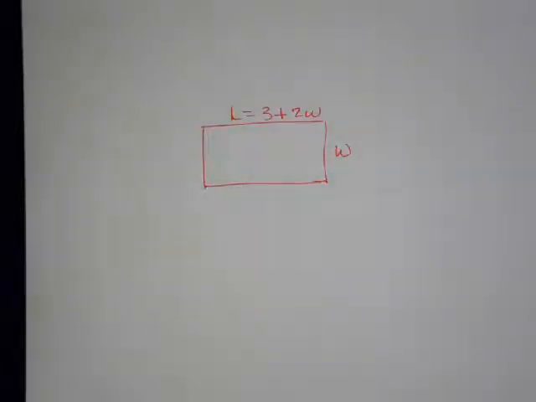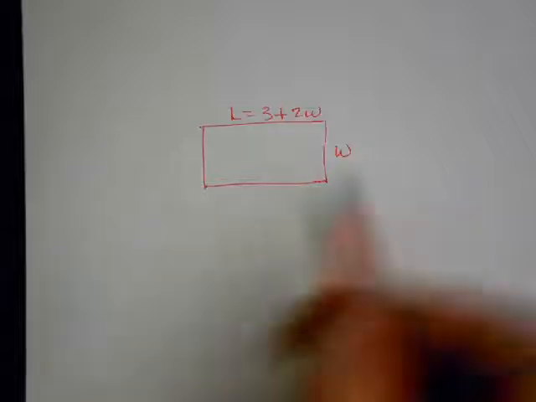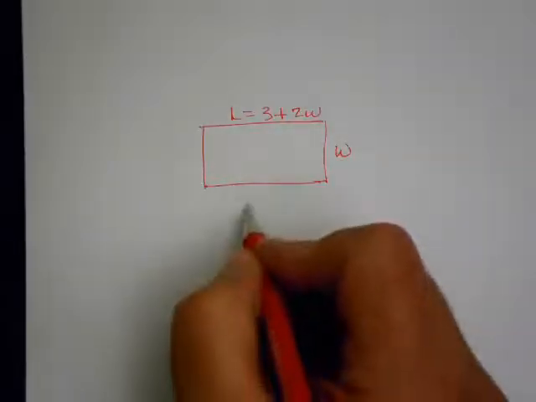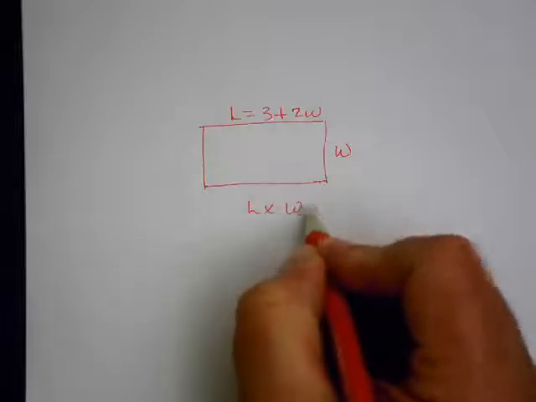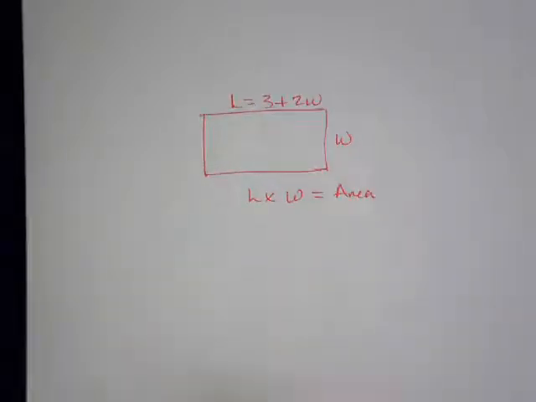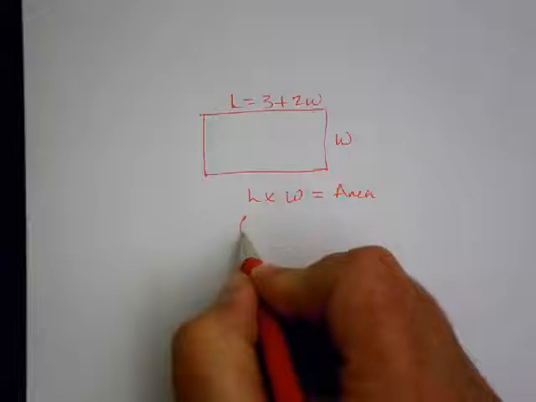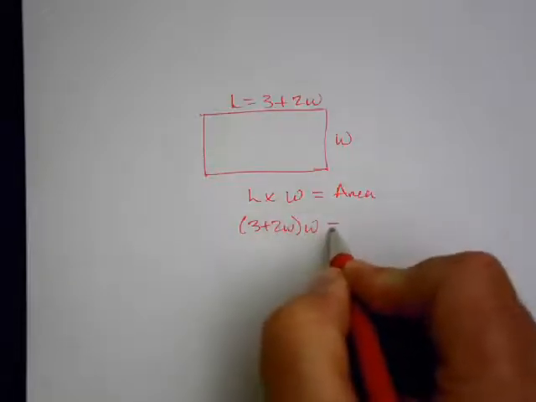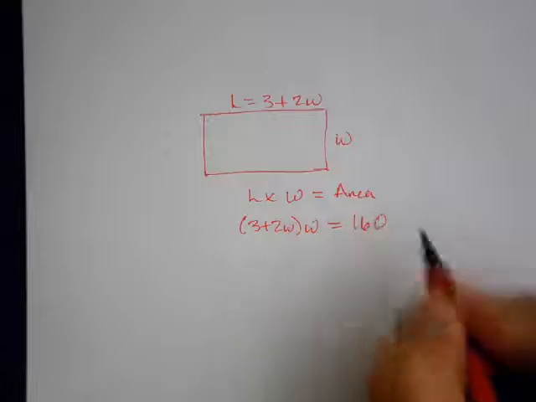And again, I could have used x's too, just as long as I can separate what the two are. And of course, length times width equals area. So in this case, my length, 3 plus 2w times w is going to equal 160.